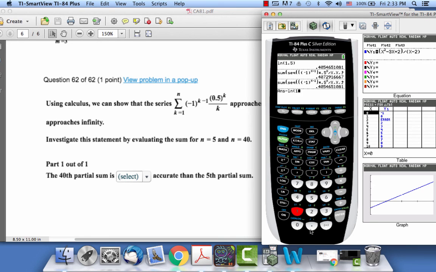Just out of curiosity, yeah, it can't even tell the difference between them. So it's pretty far out before it's different. So at 40, you're already starting to get there. Okay, so that wraps this up, and that's that.